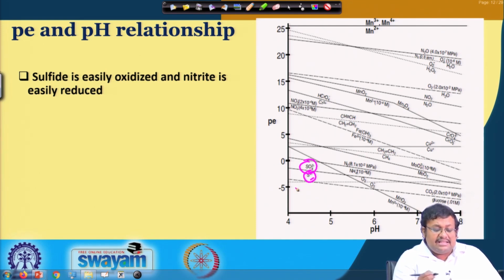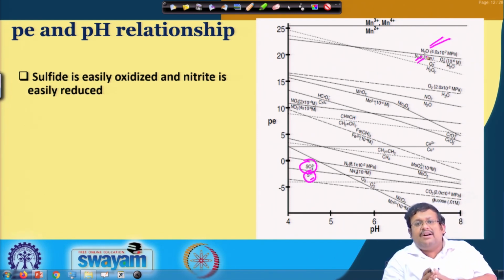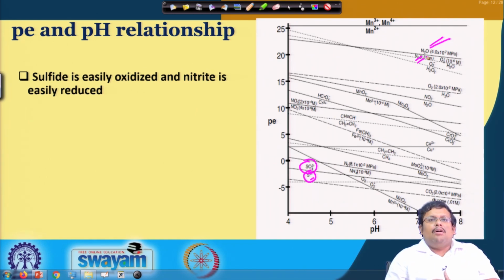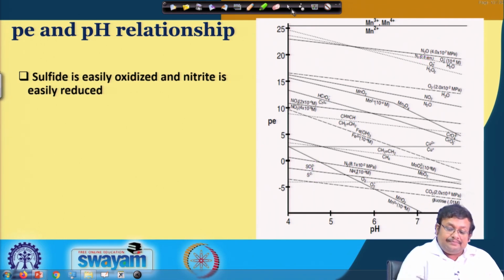Here the sulphide is easily oxidized as compared to the nitrite, which is easily reduced to other nitrogenous forms like nitrogen. This is how we can define the state of oxidation and reduction of different redox couples based on their pH and Pe relationship.